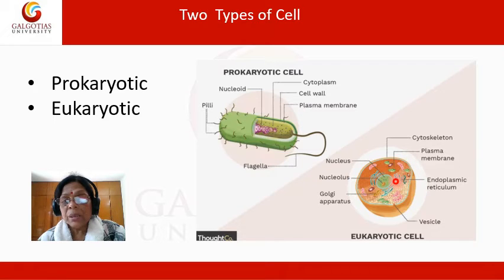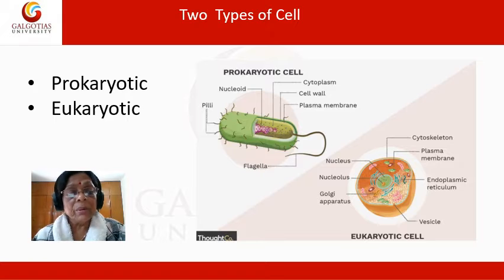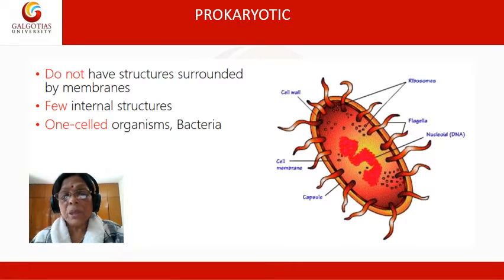Now this structure is the endoplasmic reticulum, and this is the Golgi apparatus. This is the nucleolus, and this whole thing is the nucleus. So different well-defined cell organelles are present in the eukaryotic cells, and we will be discussing that in detail.